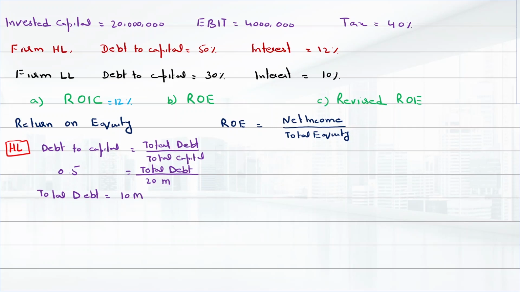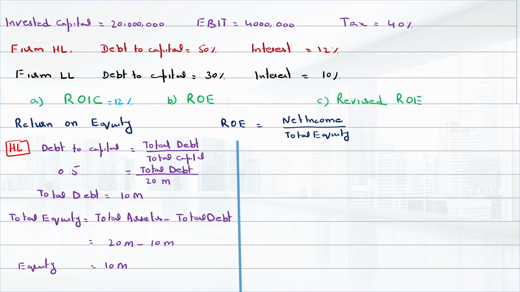After finding the total debt, we will calculate total equity. Total equity is equal to total assets minus total debt. That is 20 million are total assets and the debt is 10 million. So equity will be 10 million.